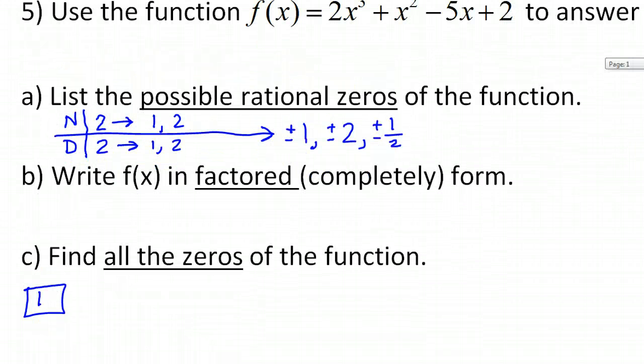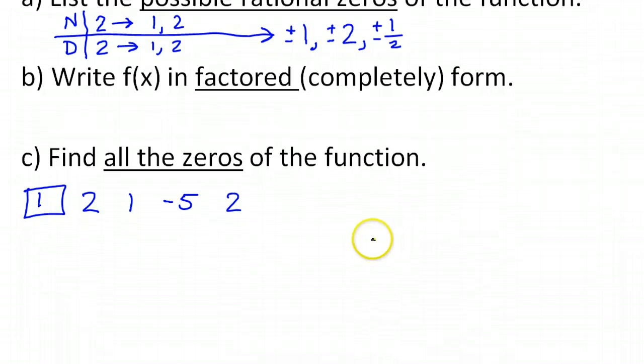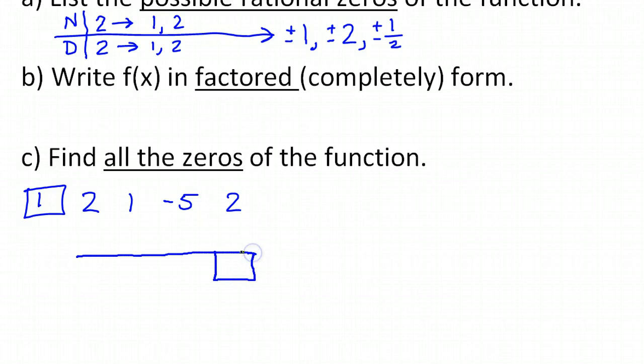And let's see, our coefficients are 2, 1, negative 5, and 2. So here we go, 2, 1, negative 5, and 2. Let's see if this one works. When I say it works, I mean there should be a remainder of 0.